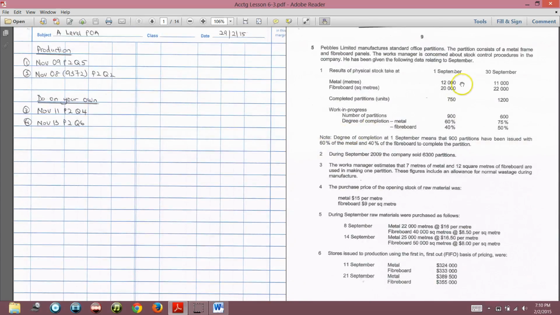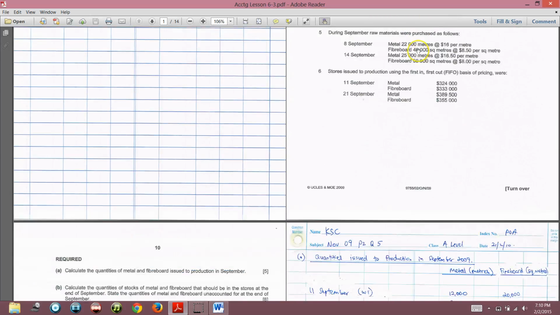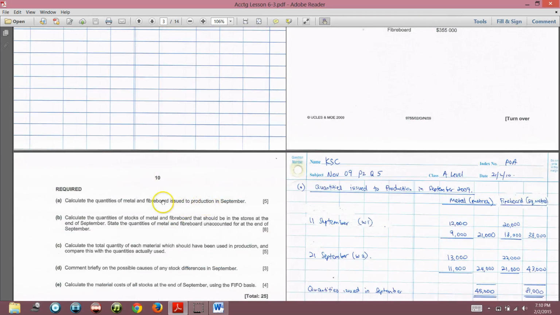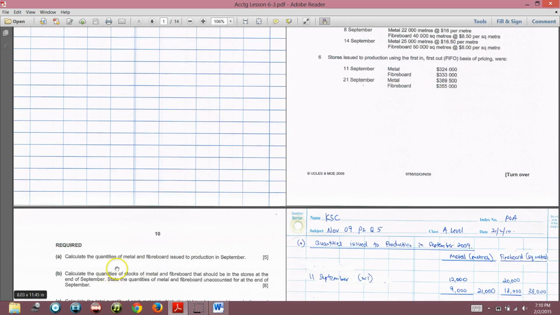In the factory environment, you will have the store, and the store will have a storekeeper who controls the incoming and outgoing of the stock, and then you will have the production department. So the store manager, or so-called storekeeper, will issue to the production department. So they said calculate the quantity of metal and fiberboard issued to production in September.